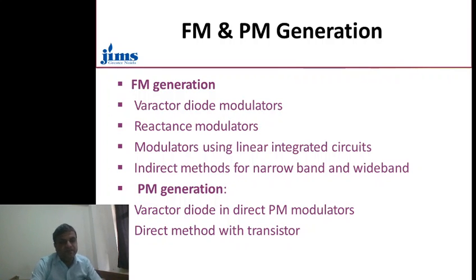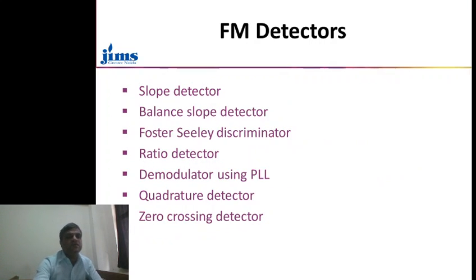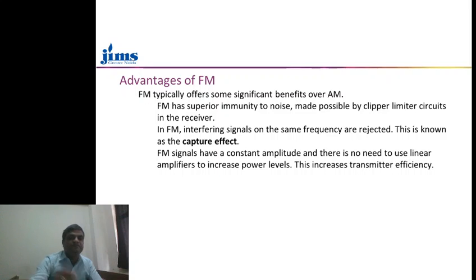Similarly, in PM generation, we use the varactor diode and the direct method with a transistor. There are two techniques for PM, and four techniques to generate FM. Then the advantage is superior immunity to noise.